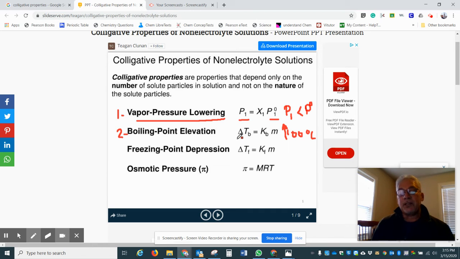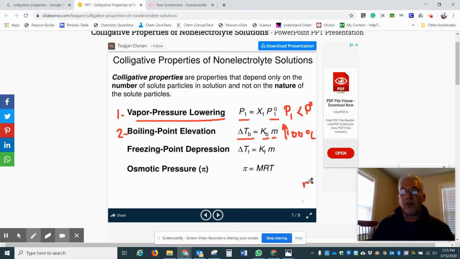The formula is the difference in temperature. Delta T, the increase in temperature for the boiling point, will be equal to the constant for boiling point elevation times the molality.